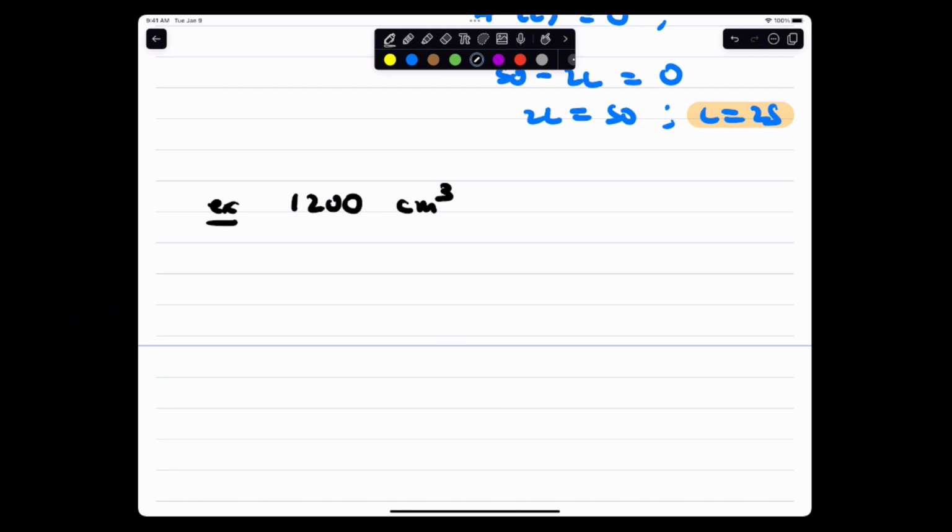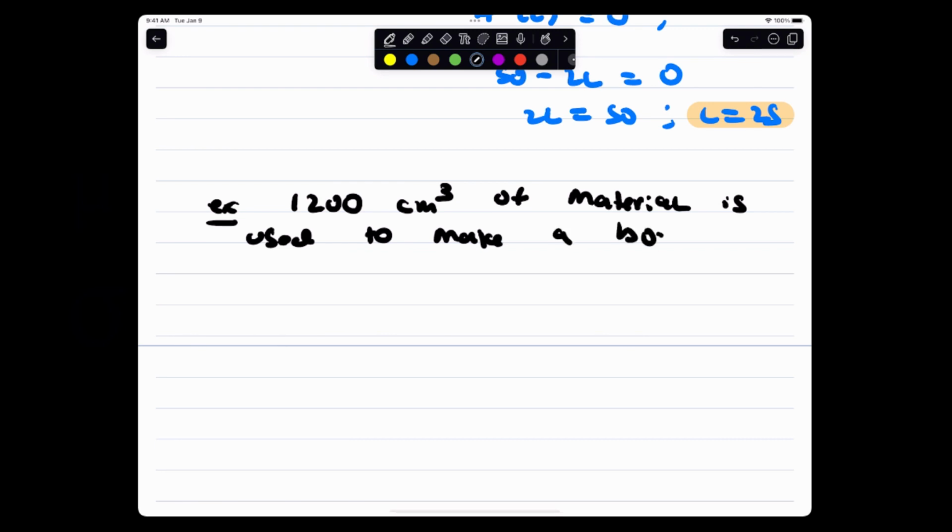They're going to give you a volume of material that is used to make a box with a square base. And an open top. Means there's no top.